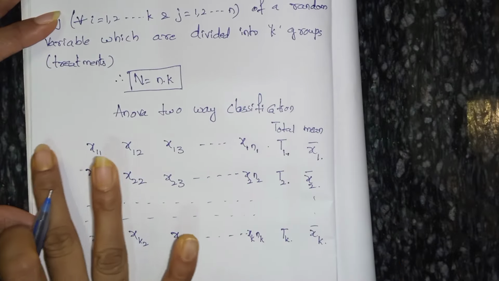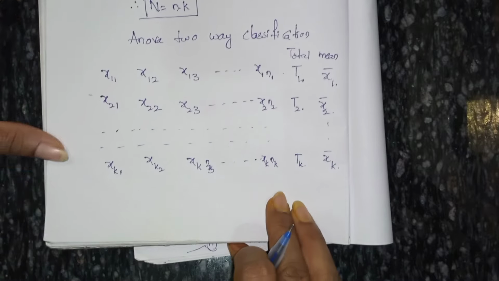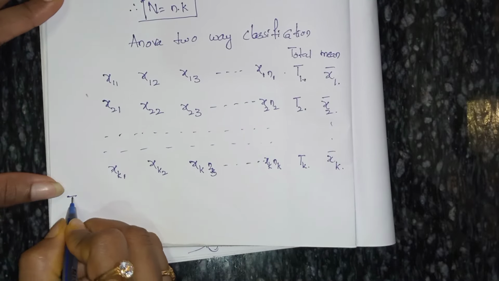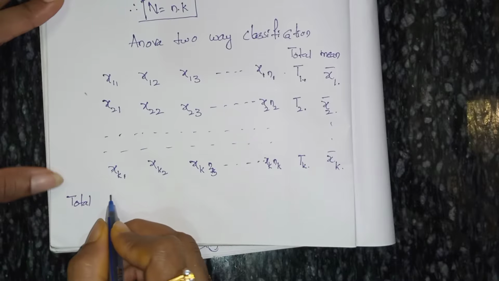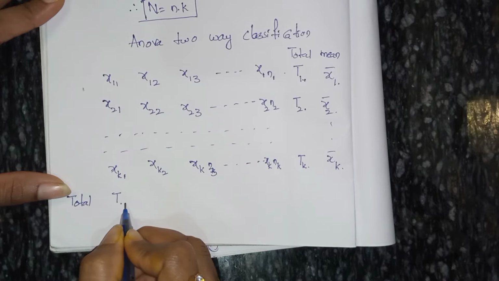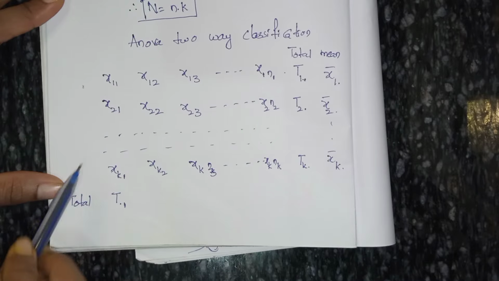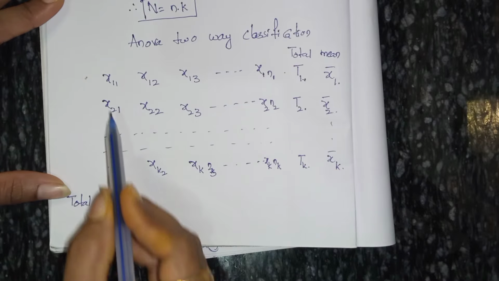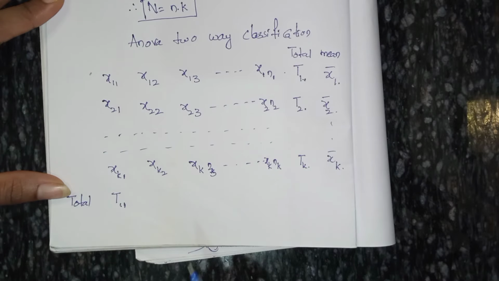This is row wise analysis. Now we are going to do column wise, that means this side. So total we can write here t dot 1. Why? Because here we are going to do only column wise, so in place of row we kept a dot, and in place of column we have written the name of the column, 1.